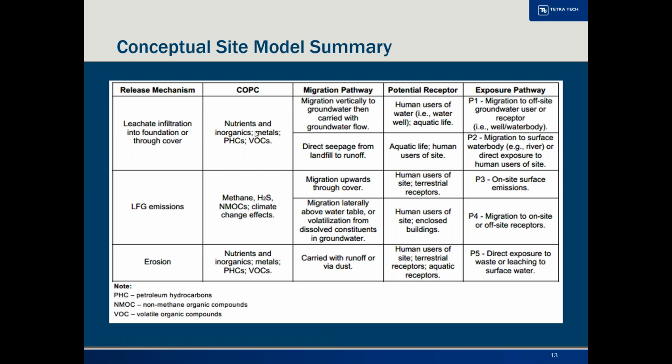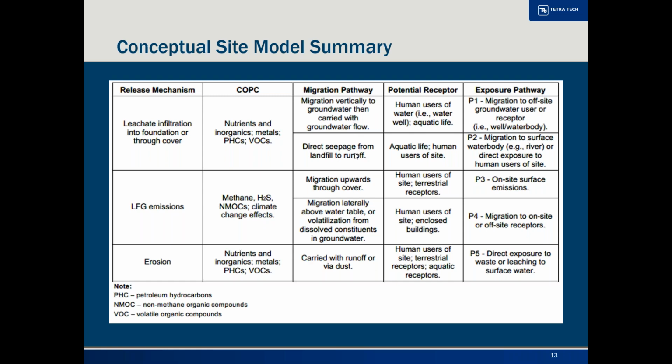A lot of information in this image for the conceptual site model. Basically, release mechanism for leachate, landfill gas, and erosion. Contaminants of potential concern would be nutrients, metals, inorganics, petroleum hydrocarbons, volatile organic compounds. For landfill gases, methane, and the various VOCs and climate change effects. We know that methane is a very strong greenhouse gas. Erosion of materials can go to the groundwater.